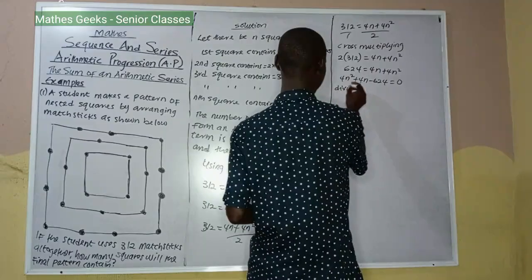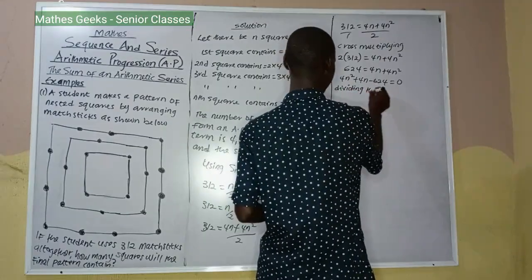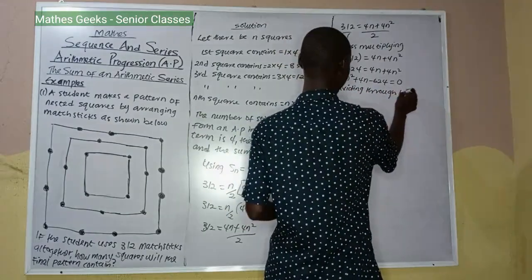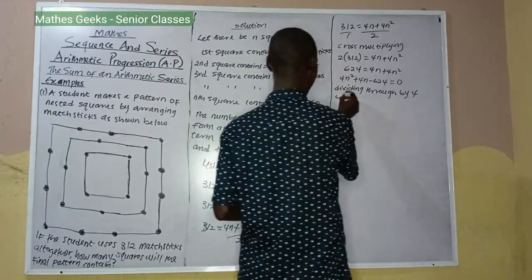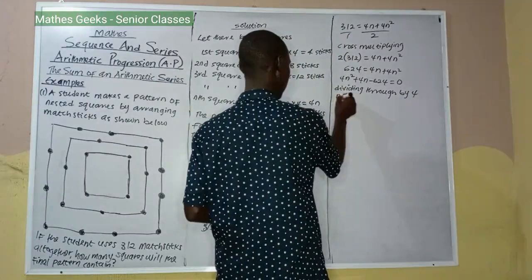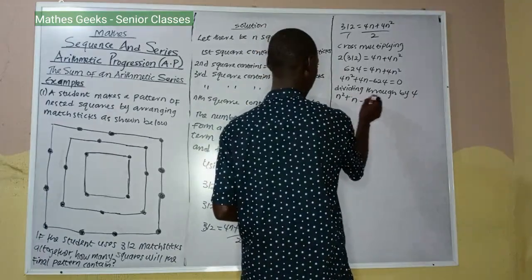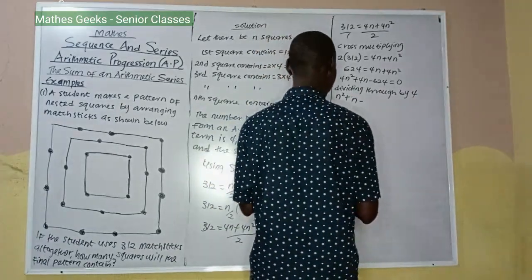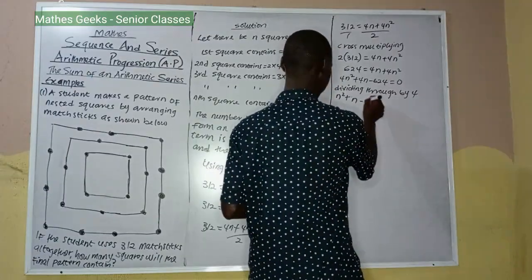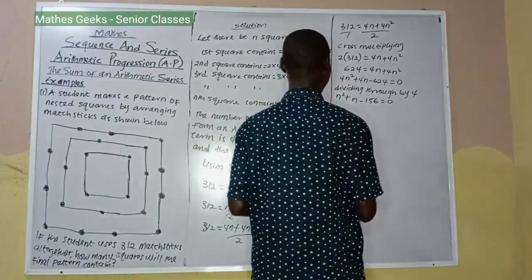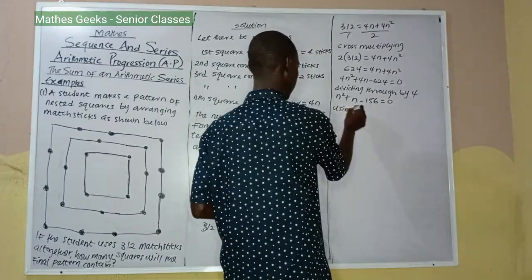Dividing through by 4, n squared plus n minus 156 is equal to 0.